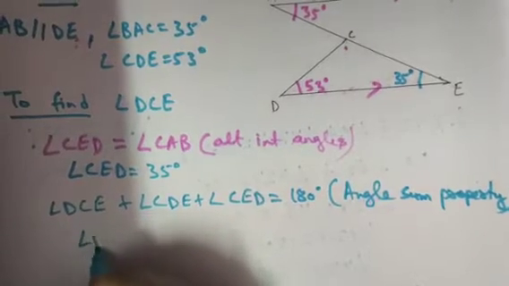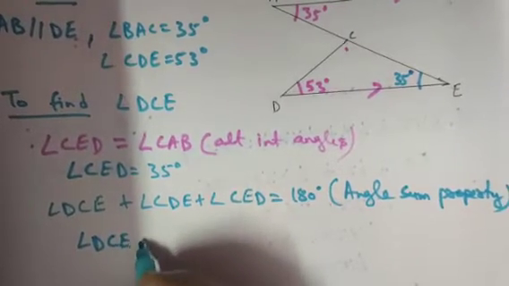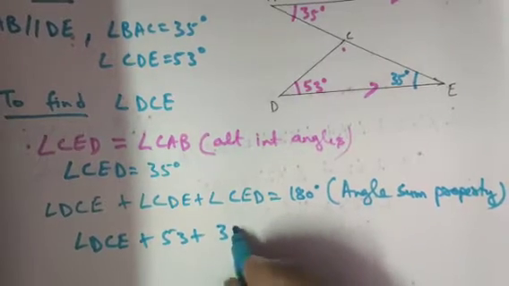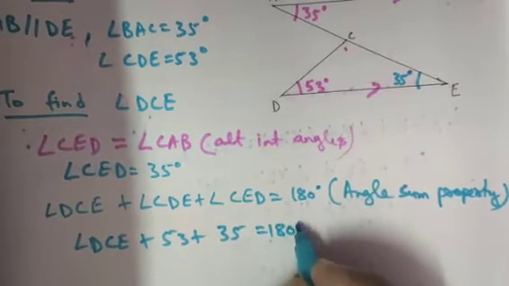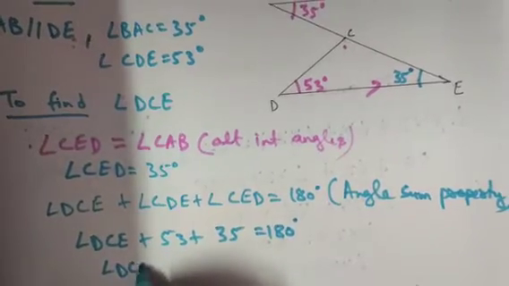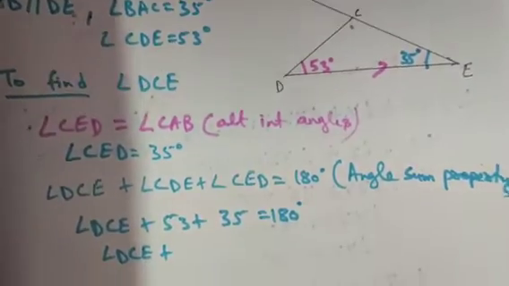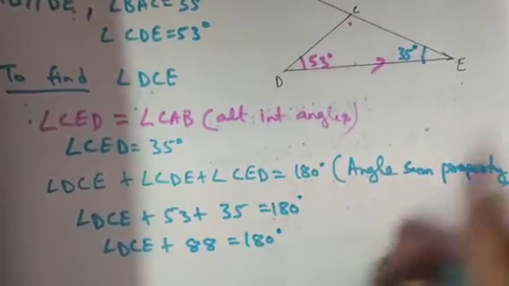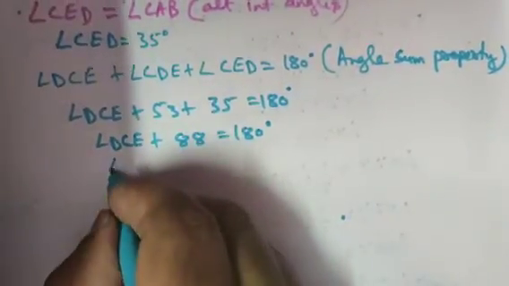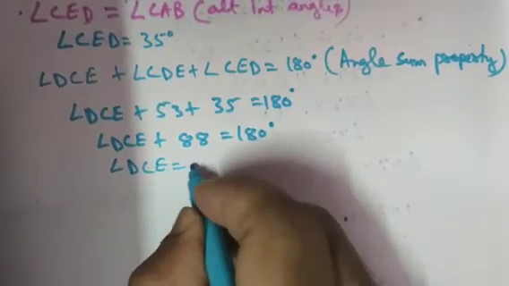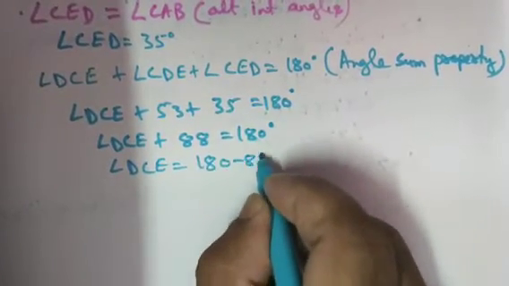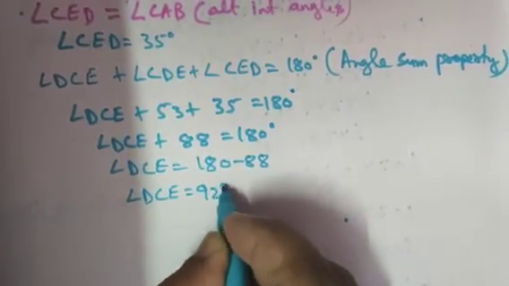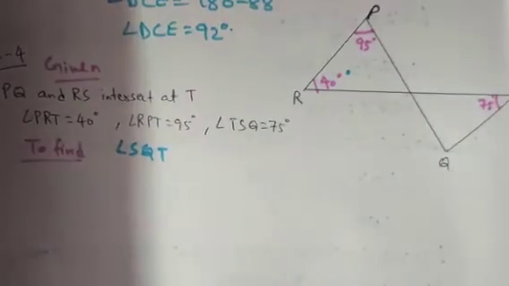So angle DCE plus 53 plus CED, that is 35, equals 180 degrees. Angle DCE plus 88 equals 180 degrees. So angle DCE will be equal to 180 minus 88 degrees. Angle DCE will be equal to 92 degrees.